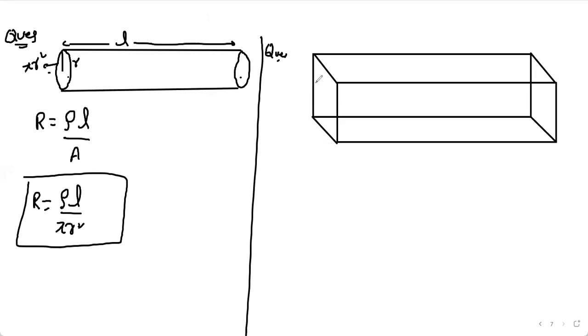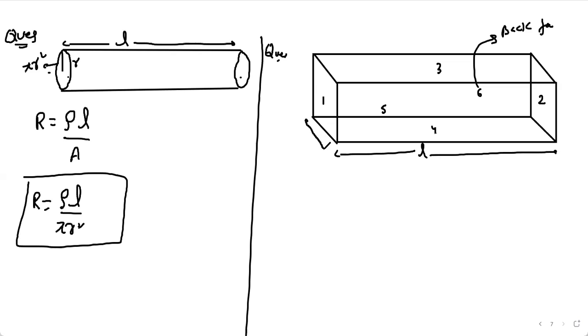So I name this face as face 1, this as face 2, this is the top face 3, this is the bottom face 4, then you have a front face 5 and a back face 6. And I'm also writing all dimensions. This is L, this is breadth B, and this is height H.